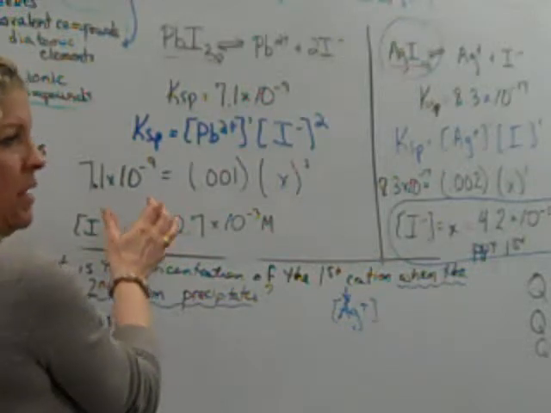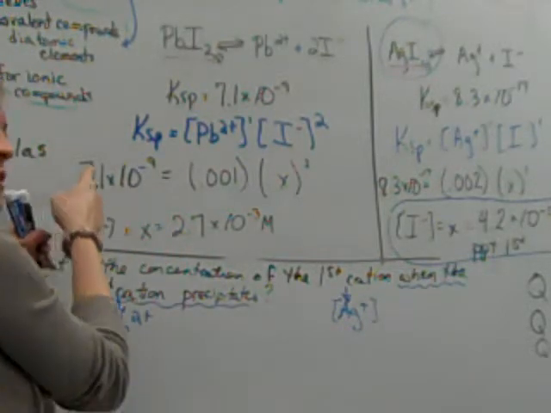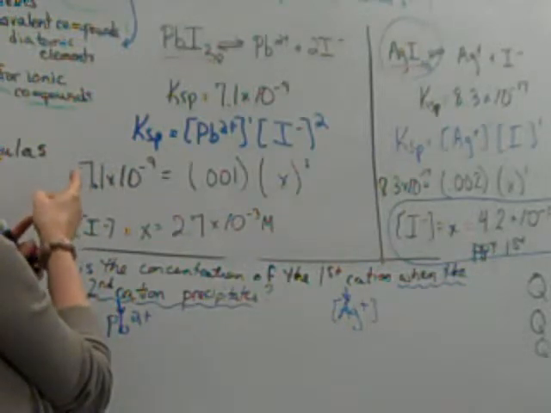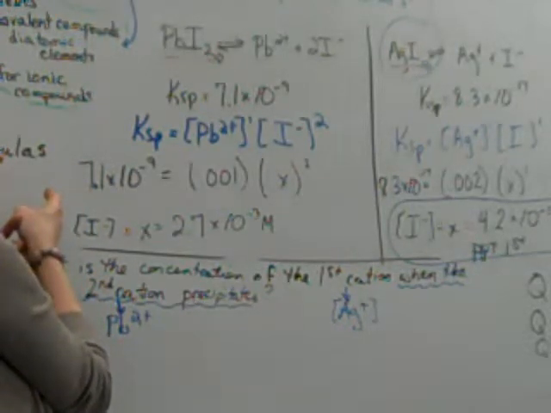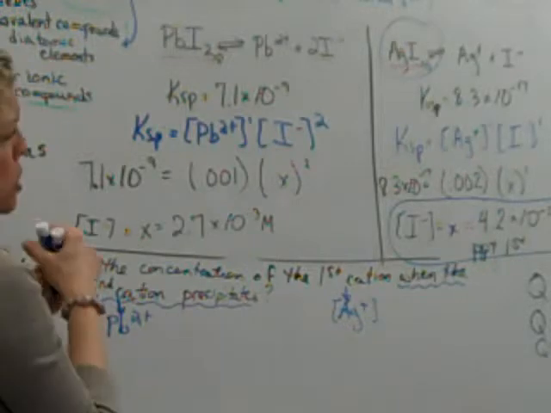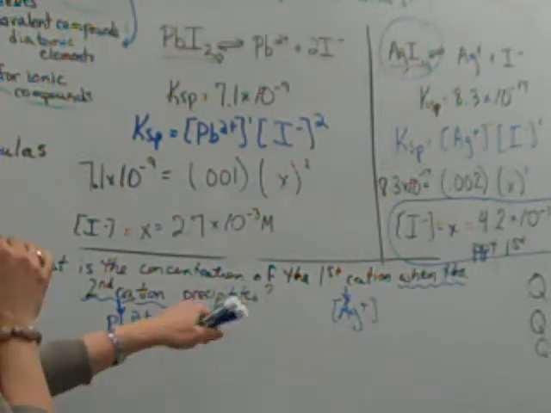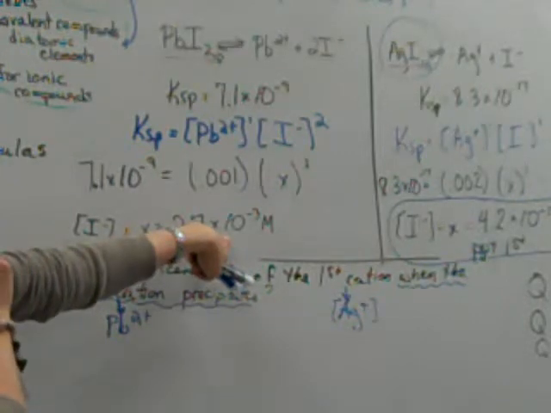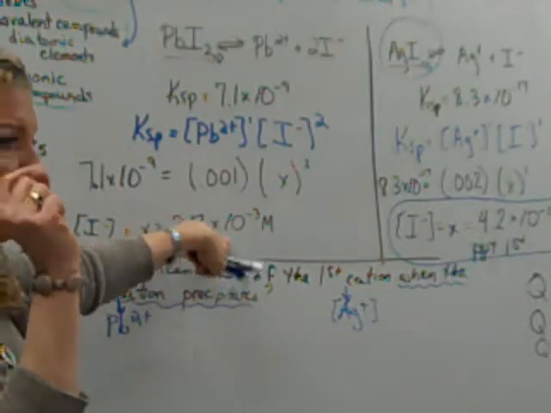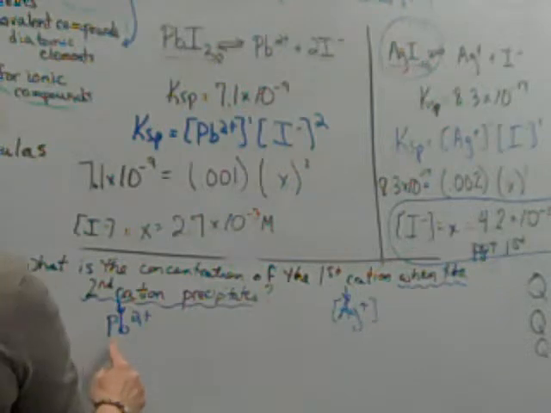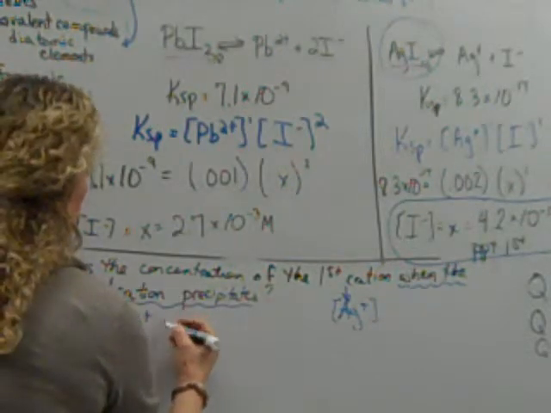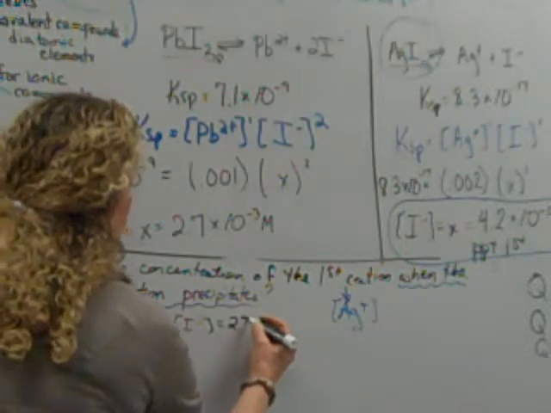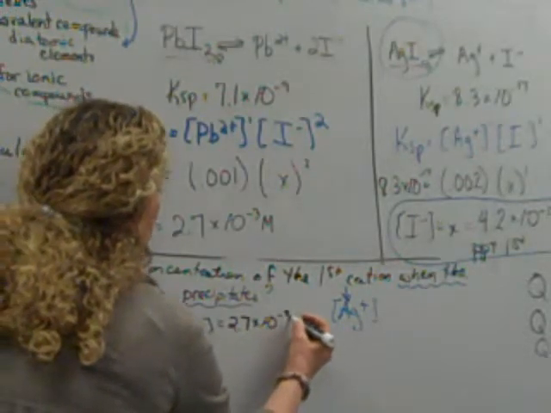Okay. So, what has to be true in order for lead, the second cation, to precipitate? Iodine has to be greater than this concentration, right? So that's what you need to focus on, okay? This will precipitate when iodide is equal to 2.7 times 10 to the negative 3 molar.